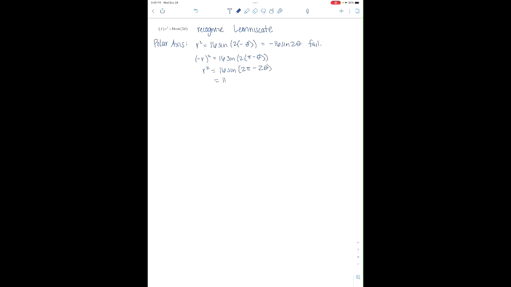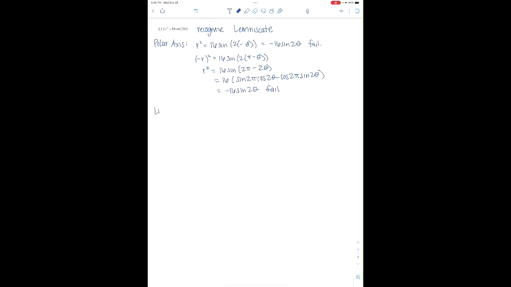This gives us 16 sine 2 pi cosine 2 theta minus cosine 2 pi sine 2 theta, which gives us negative 16 sine 2 theta. Still not, so it might not be symmetric around the polar axis.